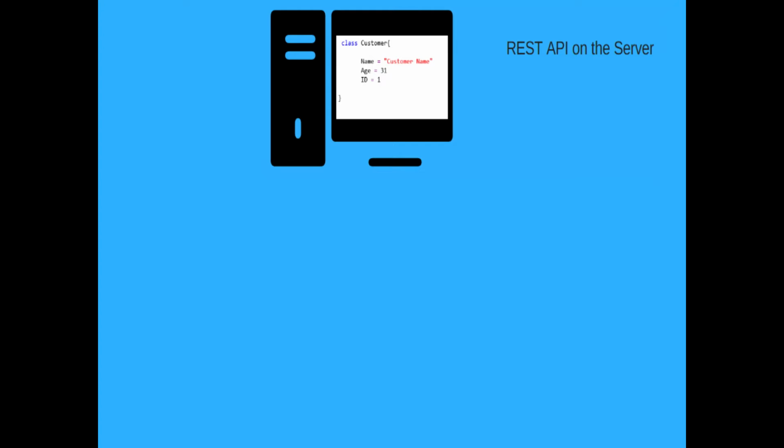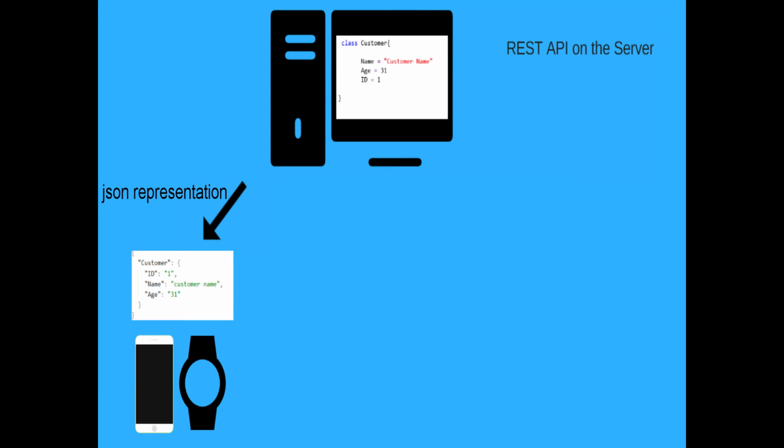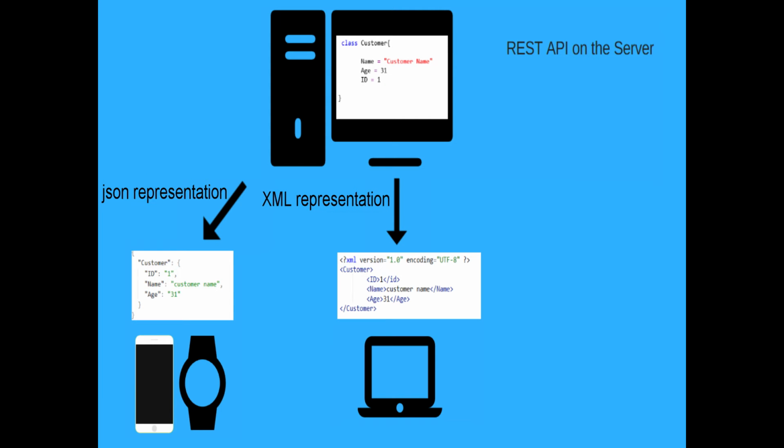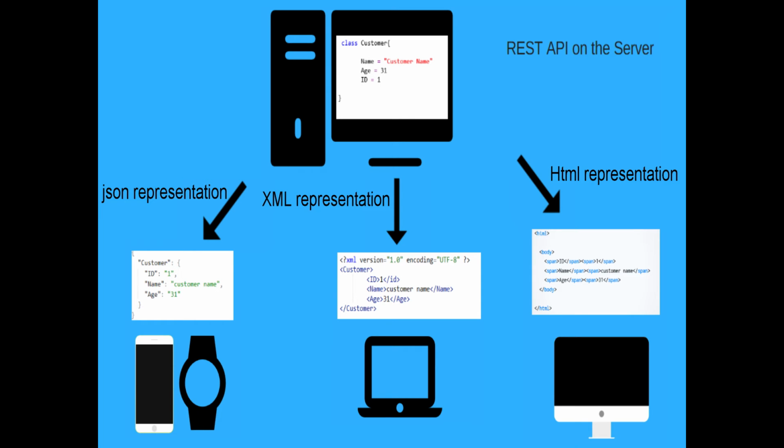So let us now go through each and every letter, what each letter stands for. REST stands for Representational State Transfer. So representation, as I already said, the mobile needs data in a different format than the PC. A PC might want the data in XML format, and a mobile might need the data in JSON format. So the REST API says our API should be that flexible.